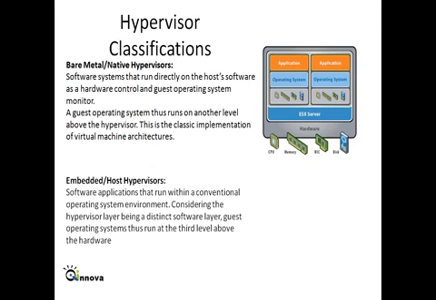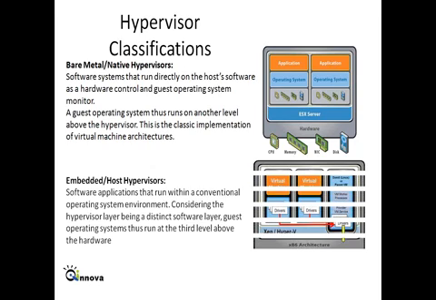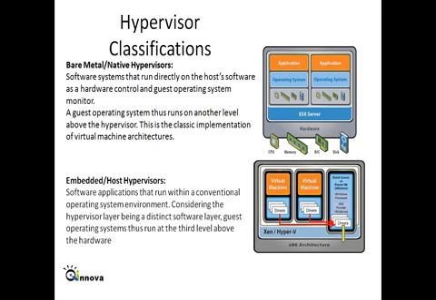The hosted hypervisor is, for example, Workstation, which can be installed on a Windows or Linux machine, within which you can create virtual machines. Then you install the operating system inside that virtual machine, which is called the guest operating system. We have these examples available here.